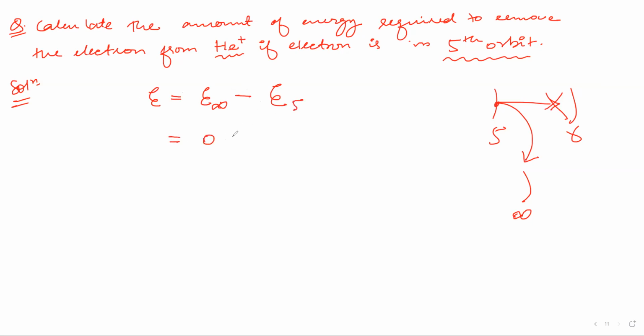E infinity is equal to 0 minus, then you will add minus 13.6 divided by 5 square, because n square, into Z square. Z will be equal to 2 square because it is helium. Now calculate this fast and tell me the answer. You will get 2 point something, I guess.